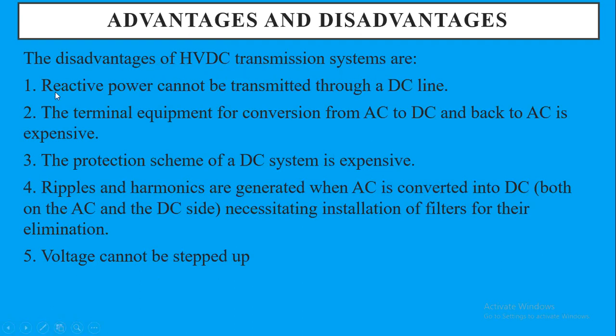Furthermore, the disadvantages of the HVDC transmission system. We need to discuss the disadvantages as well, as the lecture topic is HVDC and it has some disadvantages too. Number one, reactive power cannot be transmitted through a DC line.